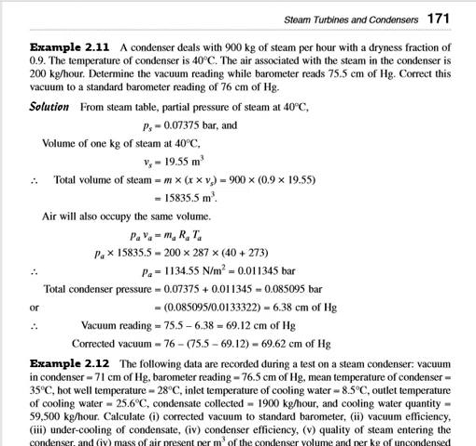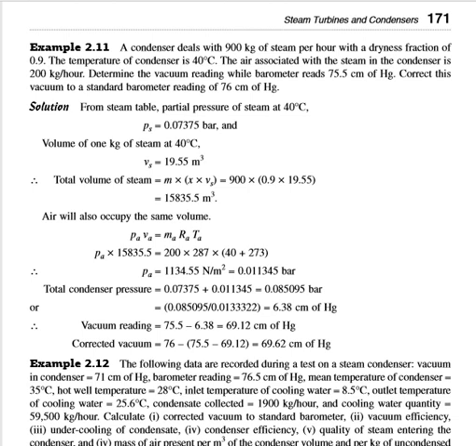Again, the air associated with the steam, that is the air involved with the steam, is also given as 200 kg per hour. The air content is also given. We have to determine the vacuum reading while the barometer reading is given, and the main thing is the vacuum reading. We have to find, in this case, the corrected vacuum.